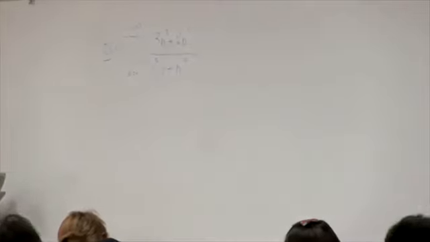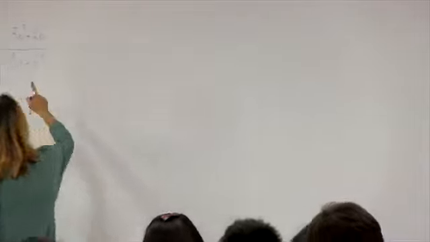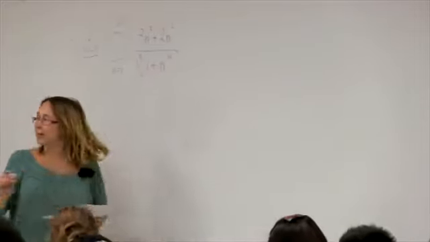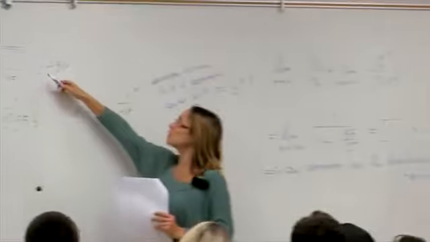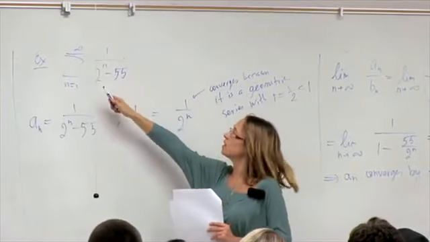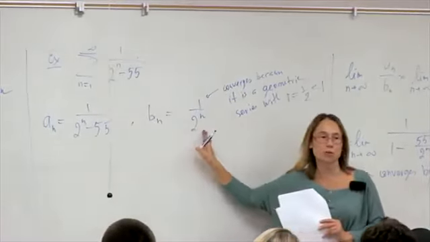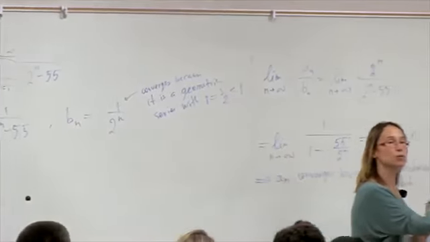So we have to figure out what to compare it with. In the previous example, we looked at the leading term in the numerator and denominator. Here the leading term is 2 to the n, and that's the one we keep and use. Here we're going to do the same.